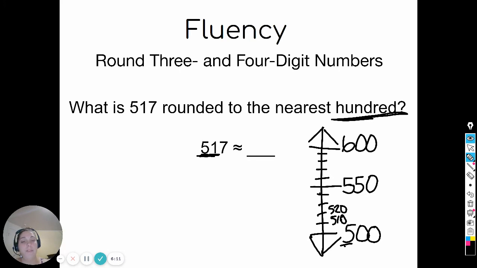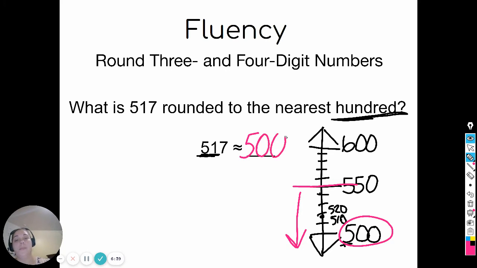I found my 510 down here, so I know that my point is after that, but not past 520. So that would be where my 517 is. I can see that that point is below my halfway, which means I round down to the bottom number, which is 500. So 517 rounds to 500.